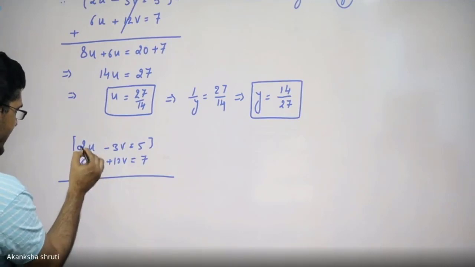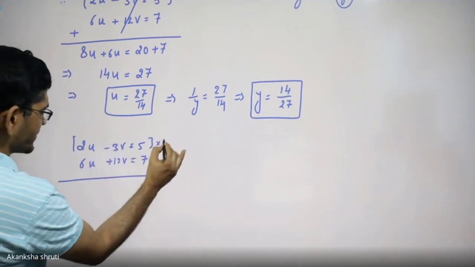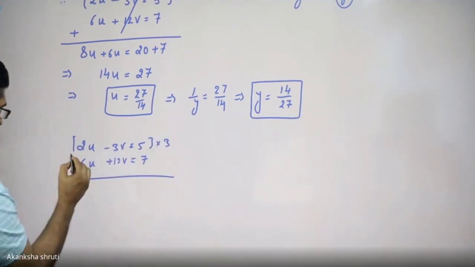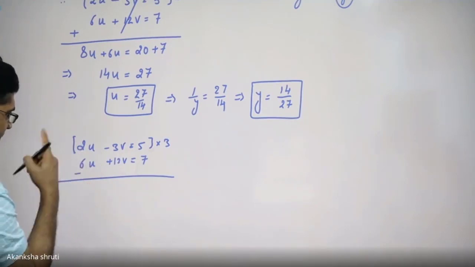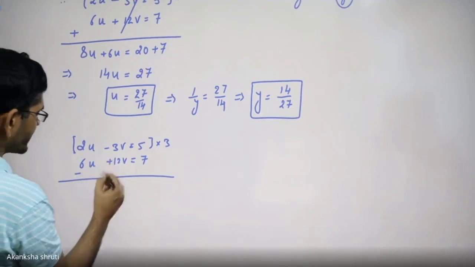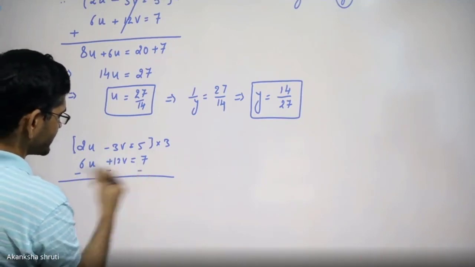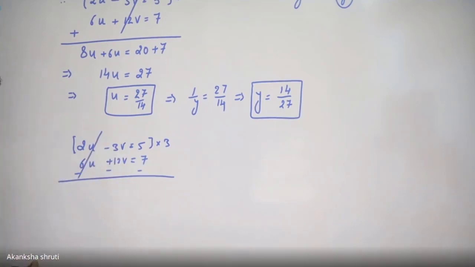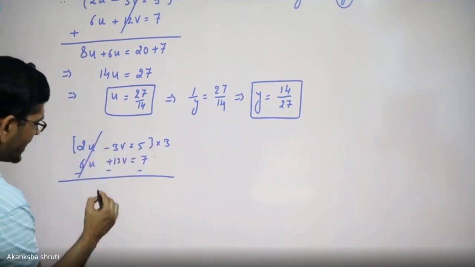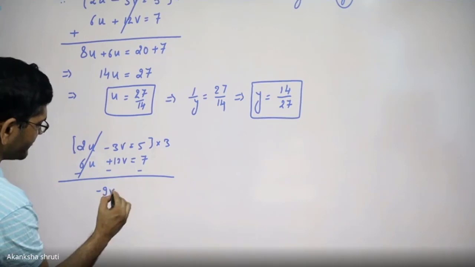6 is the bigger one, so multiply the 2 equation by 3. Their signs are same. Go for changing the sign of the lower one. It will become minus of 6u. This is also minus. This will also turn minus. Now, this will get cancelled. 3 3s are minus of 9v.